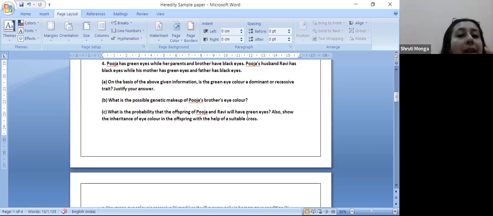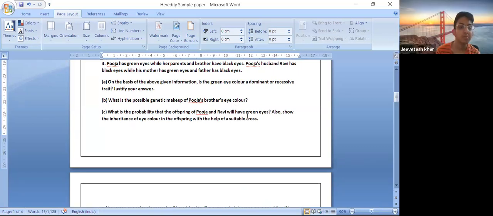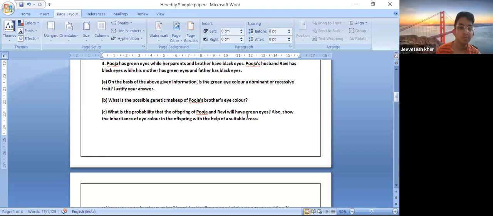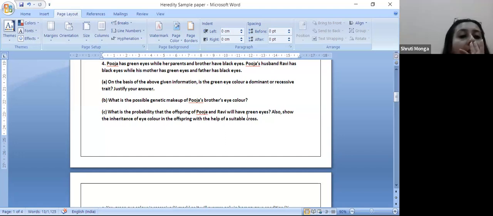So neither the parents had the green color, nor her brother got the green color. Pooja has green eyes. That means maybe it gets expressed only in the homozygous condition.